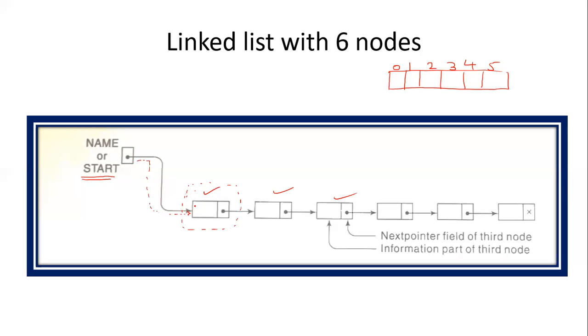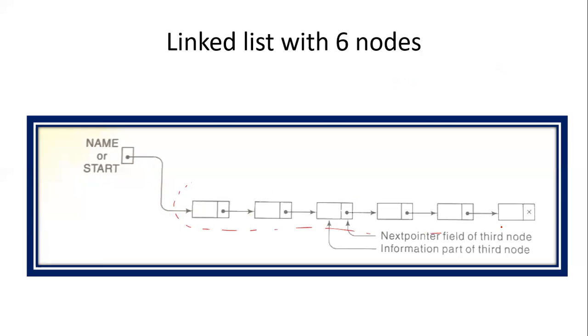Now, what is there in the node? The entire thing from here to here is called a list. Since it is linked with the help of addresses, it is called a linked list. A linked list consists of several nodes.